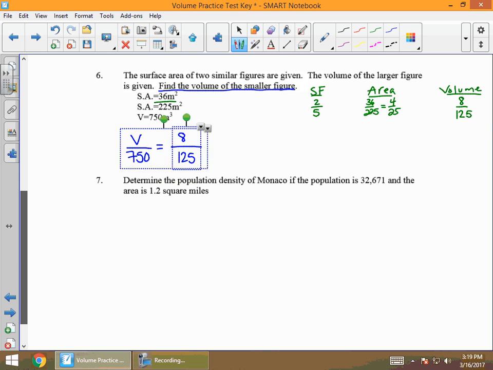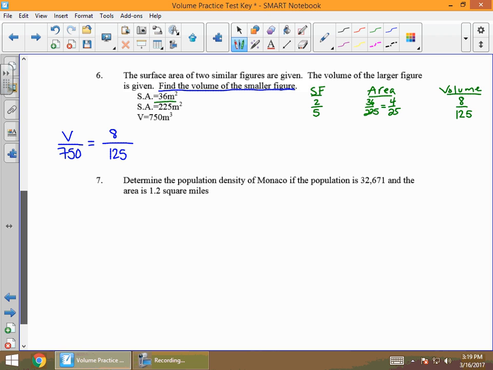And now I can just cross multiply these things. So 125 times V is 125V. 8 times 750 is 6,000. Divide both sides by 125. And my volume has to be 48. And my label on volume, these are meters, so it's volume, so it's meters cubed.